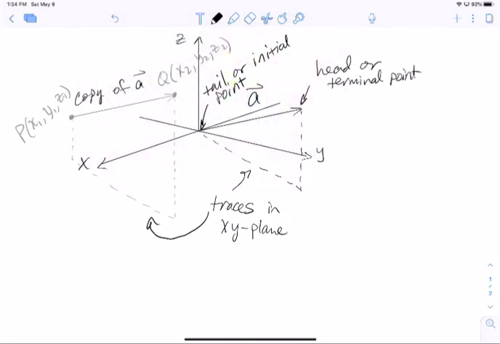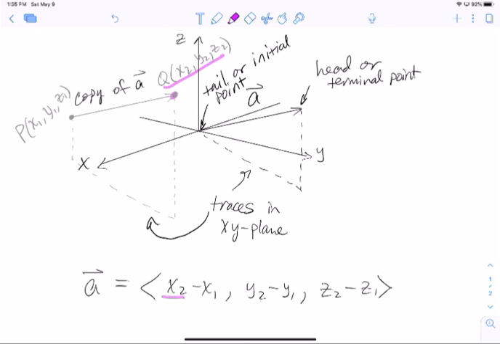Then what we can say is a is represented using angle brackets as ⟨x2 minus x1, y2 minus y1, z2 minus z1⟩, where the components of a are the differences in the coordinates between Q and P. And for this, order absolutely matters.